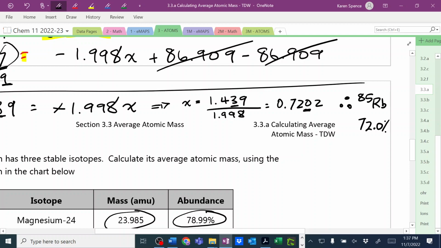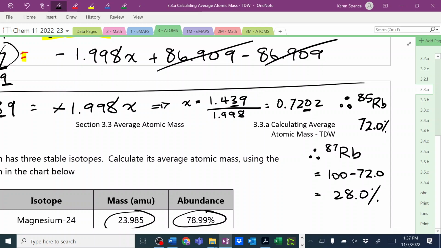And therefore, rubidium 87 is 100 minus 72.0, which is 28.0%. So that's the super duper challenge, okay? If you're like, no, thank you, I'm good just figuring out my average, then just stick with that, okay?